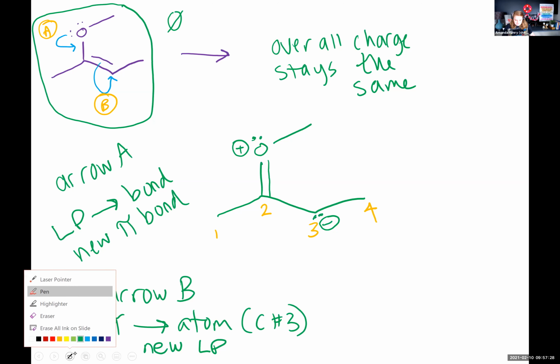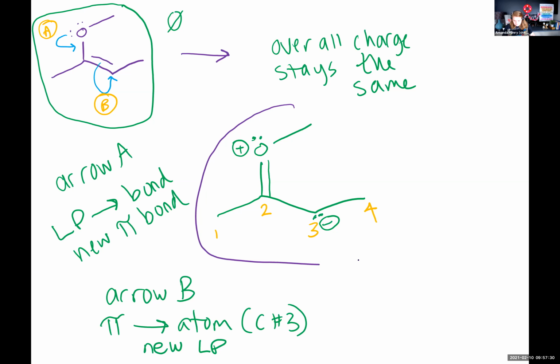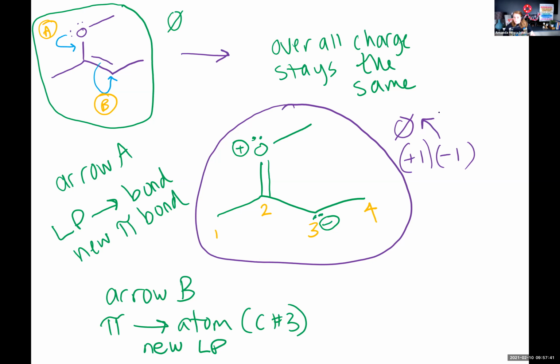The new structure that we just drew, the overall charge is neutral. We have 1 plus and we have 1 minus. So as a whole, the entire structure is still neutral. That overall charge has to stay the same because we're dealing with the same number of electrons. We've moved them around and redistributed them, but because it's the same overall number, that overall charge has to stay consistent.